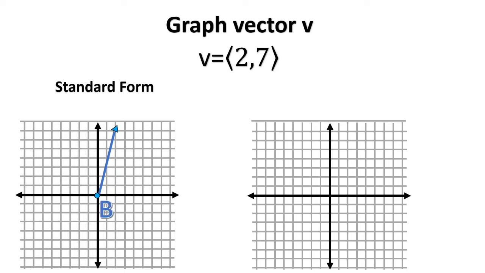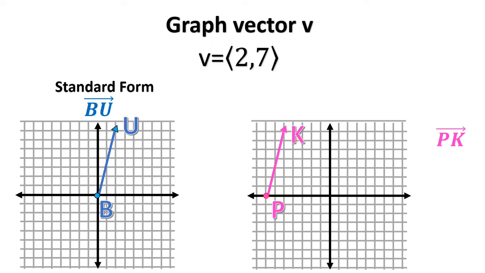If we label the tail B and label the head U, in arrow form, we could name vector v vector BU. Graphs of vectors are not unique. Here is another graph of vector v, vector PK. These are both graphs of vector v because they have the same magnitude and the same direction.